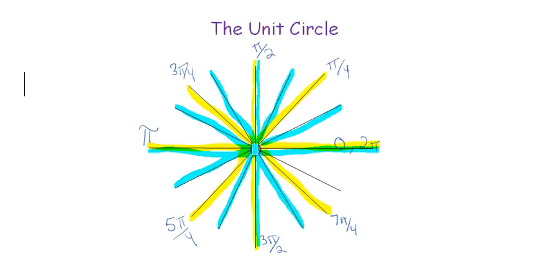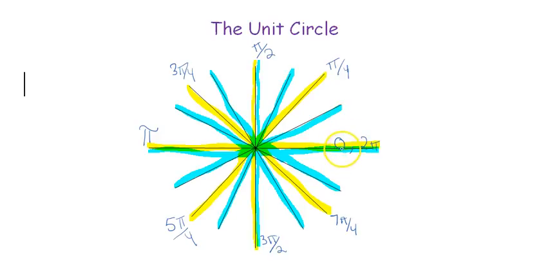Now these are going to be multiples of pi over 6, and again we are going to reduce whenever we can. So as I go around, again, each blue line is a difference of pi over 6, and reduce.